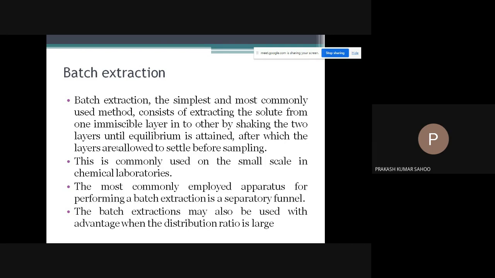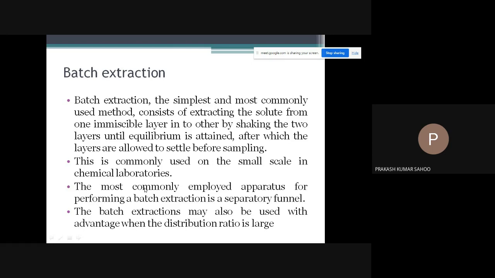You put in two immiscible liquids and the solute to be extracted, shake it vigorously, and let it settle for some time. Then, with respect to their densities, they will separate. This is commonly used on a small scale in chemical labs. The most commonly employed apparatus is a separating funnel, as I already mentioned. This is the batch extraction separating funnel.